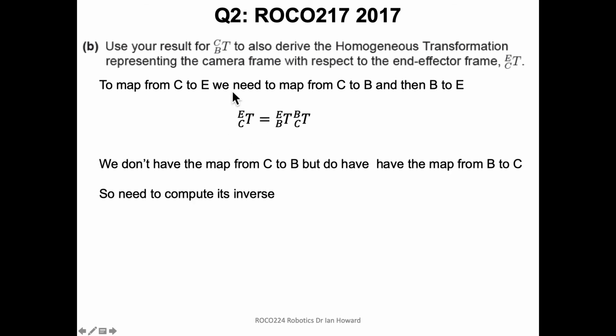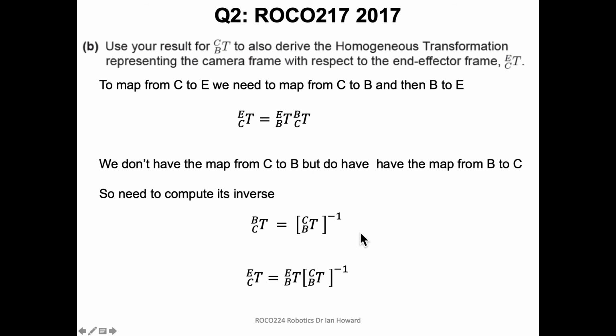Now, we don't have C to B, right? We haven't got C to B, but we've got B to C. So what we can do is take the inverse of the thing that we've just calculated, and that'll get that part of the equation sorted out. And the nice thing about doing inverses with rotation matrix parts anyway is that you can just use the transpose, but we'll come back to that in a second.